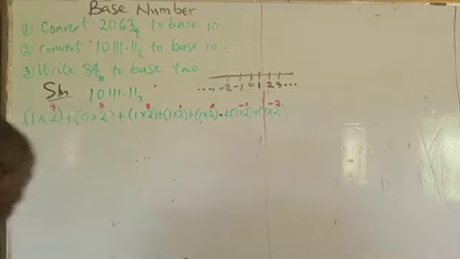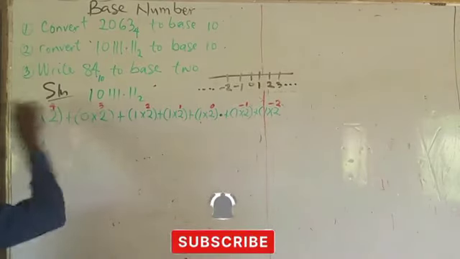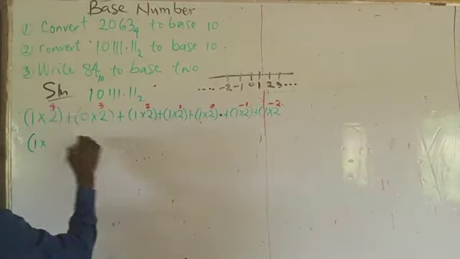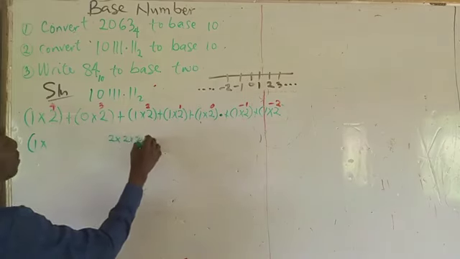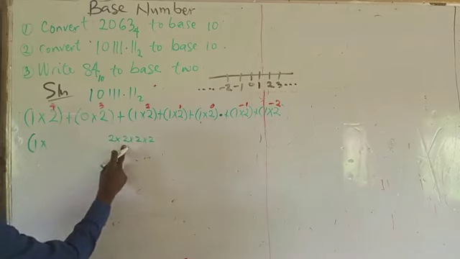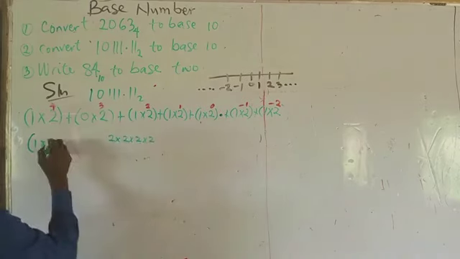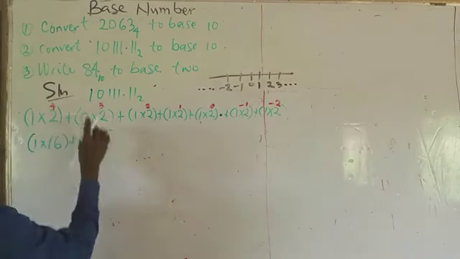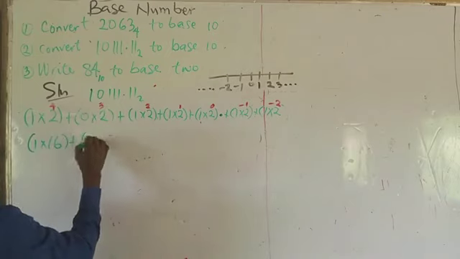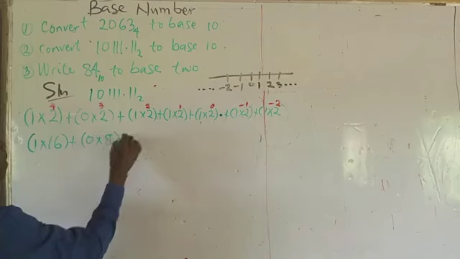Okay, let's continue. So we have 1 times 2 raised to power 4. This is 2 times 2 times 2 times 2. 2 times 2 is 4. 4 times 2 is 8. 8 times 2 is 16. So we have 16 here. Plus 0 times 2 times 2 times 2, that's 8.